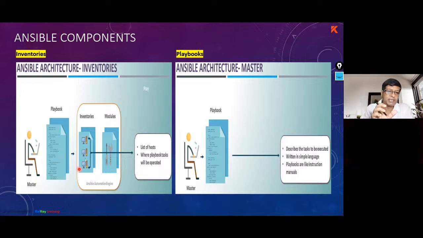You give the alias name, then ansible_host, which is the keyword, equal to the IP address. That's all you need in the inventory, so that Ansible will look for those hosts to connect to, where the playbooks will operate and the tasks will be deployed.